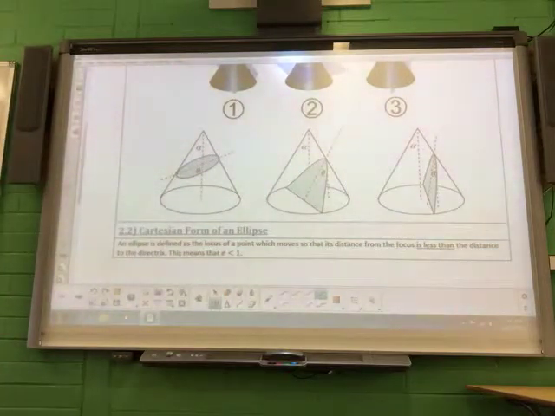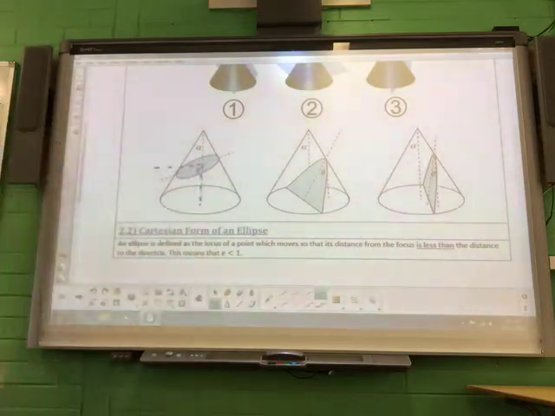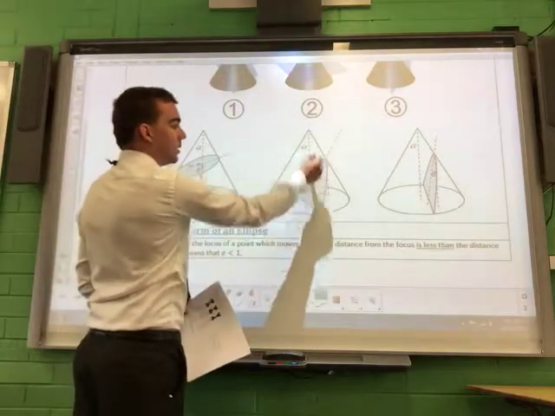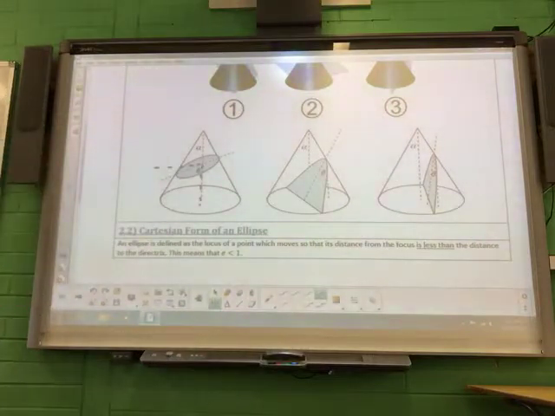Now, if theta equals 90, so we cut parallel with the base, we have a special ellipse, which we formally call a circle. Now, if theta equals alpha, so that angle with the slant is equal to that, we are going to get our parabola.